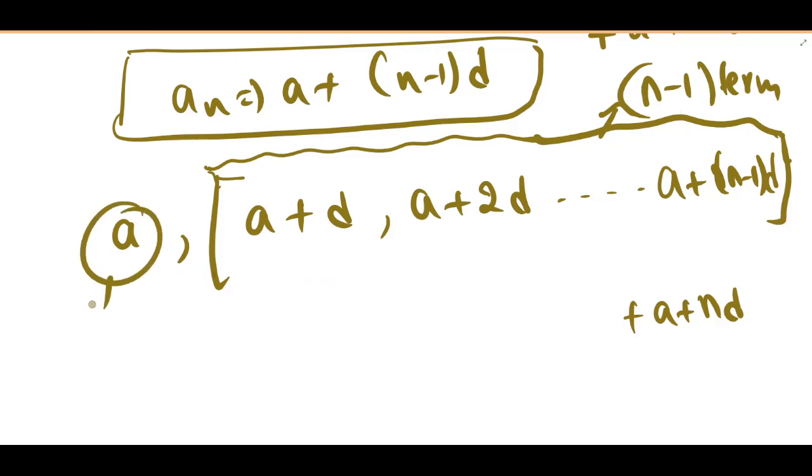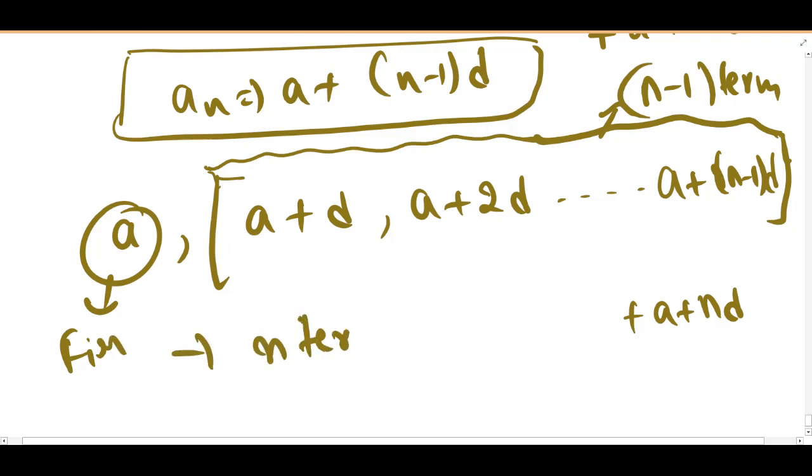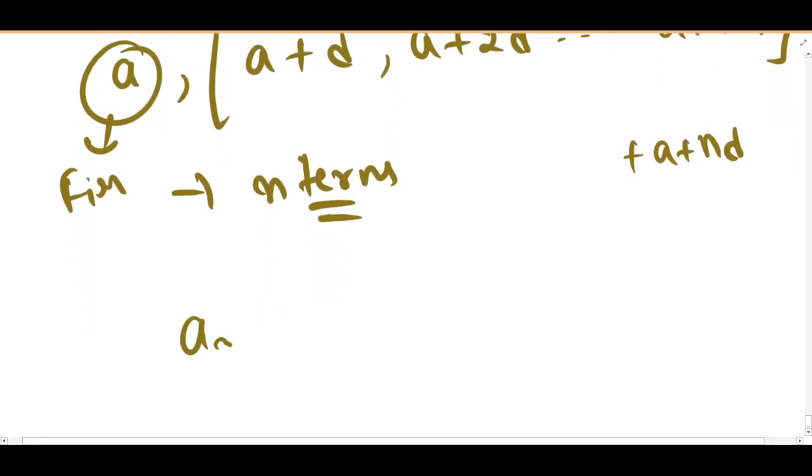If we add one more term, that is the first term, then it becomes a total of n terms. Therefore an is equal to a plus n minus 1 d.